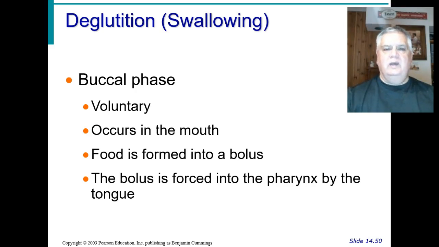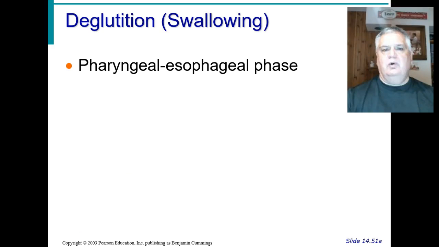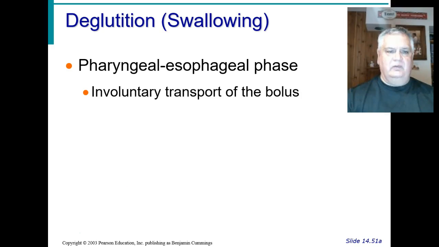So the bolus then, during swallowing, at the end of the buccal phase, is going to be forced into the pharynx by the tongue. So you lift up your tongue and you force the bolus back into the throat. Once the bolus enters the pharynx, this initiates the pharyngeal esophageal phase. This involves a transfer of the bolus from the pharynx to the esophagus.